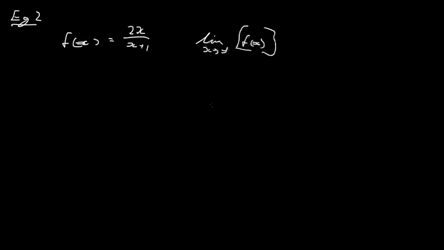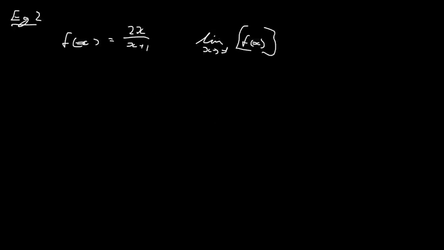Okay. They say if f of x is equal to 2x over x plus 1, determine the limit as x tends to infinity of f of x. Right. How are we going to do it? Well, follow the steps.